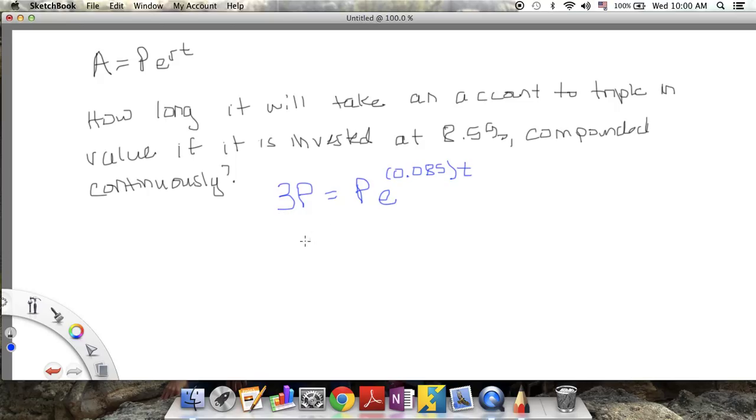So we divide both sides by P, and we have 3 is equal to e to the 0.085 times t. Now we know that if we want to solve for this exponential, we need to put this in log form. And with a base of e, that means we're using natural log. So we have the natural log of 3 equals the exponent. Remember, base, what you're taking the log of, equals the exponent.